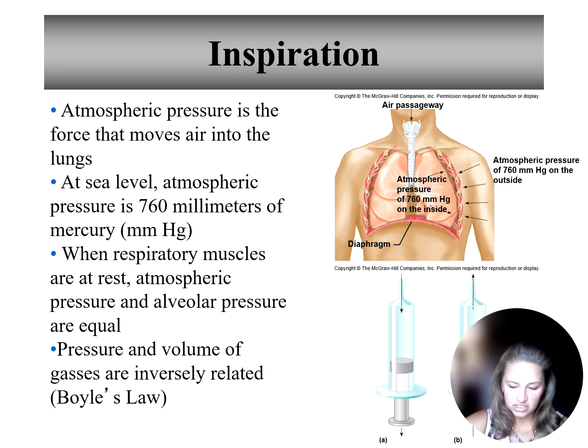So inspiration or inhaling, a lot of this is going to be regulated by the partial pressure of oxygen in the atmosphere. Atmospheric pressure at sea level is about 760 millimeters of mercury, mmHg. This is a unit of pressure.